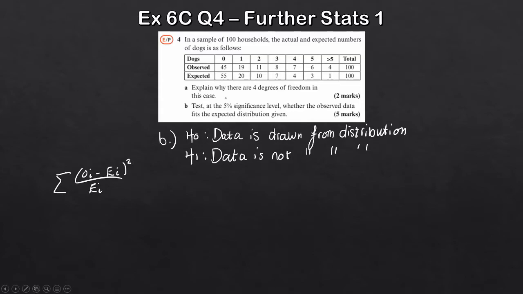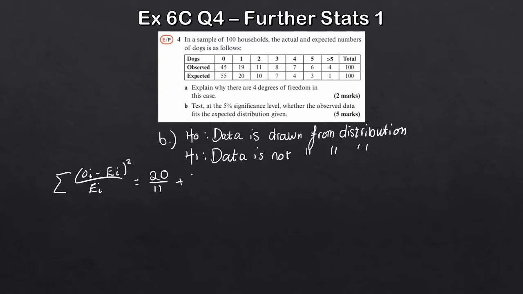So for example, do 45 minus 55, which will give you minus 10, square that, you get 100, and then divide that by 55. Okay, so what I'll do is I'll write down all the values, and then you just need to add them up together. So obviously you should get the same as me here, so this would be 20 over 11, and obviously you just keep doing the same. So 19 minus 20, which will give you minus 1, square that would be positive 1, and then you divide that by 20.